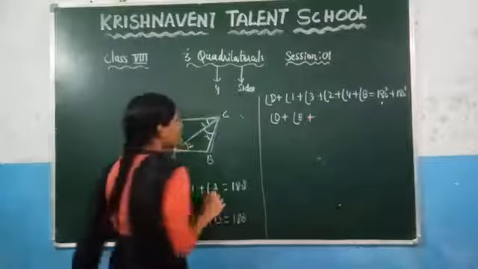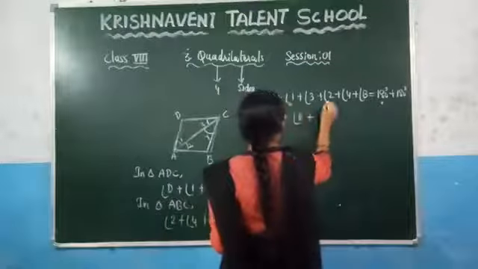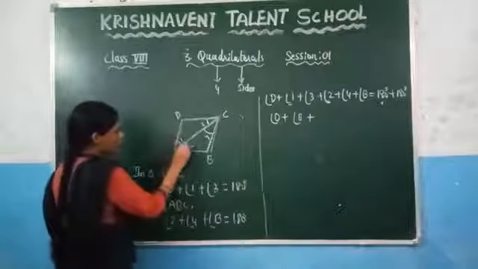Now in the case of angle 1 plus angle 2, see it in the quadrilateral. This is angle 1 and this is angle 2.